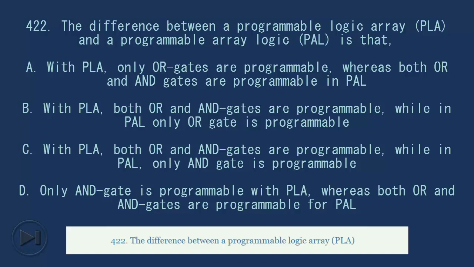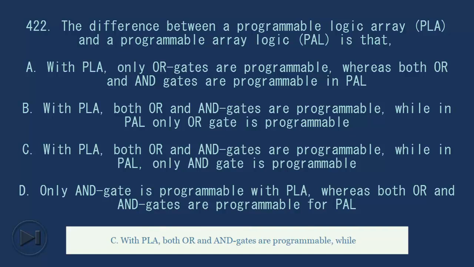422. The difference between a programmable logic array, PLA, and a programmable array logic, PAL, is that A. With PLA, only OR gates are programmable, whereas both OR and AND gates are programmable in PAL. B. With PLA, both OR and AND gates are programmable, while in PAL only OR gate is programmable.